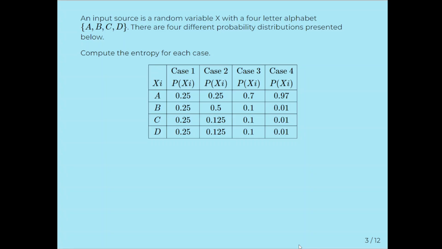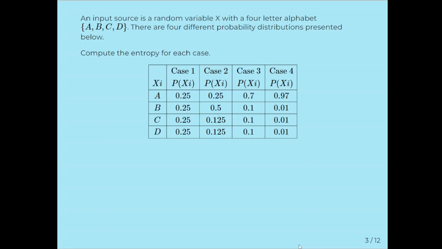But whereas if you look at case 2, we have 0.25, 0.5, 0.125, and 0.125. So in that case, we expect to see B 50% of the time, and the other three characters, A, C, and D, 50% of the time. So B is going to dominate a bit, but half the time we will see the other characters. So let's look at case 3: 0.7, 0.1, 0.1, 0.1.